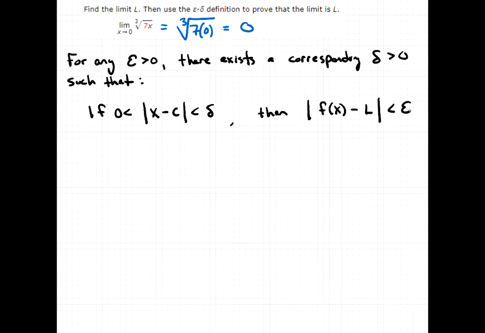Okay, so here's the epsilon delta definition. Just put a box around this.